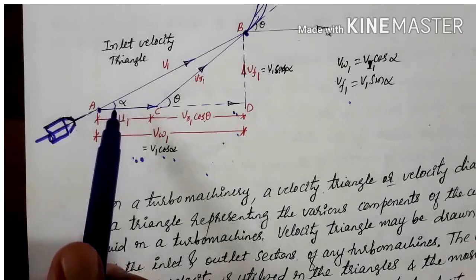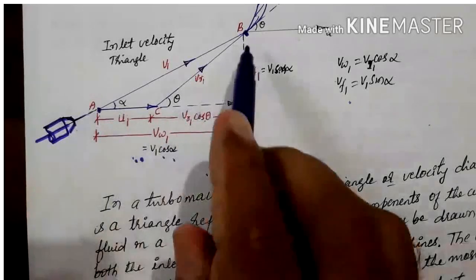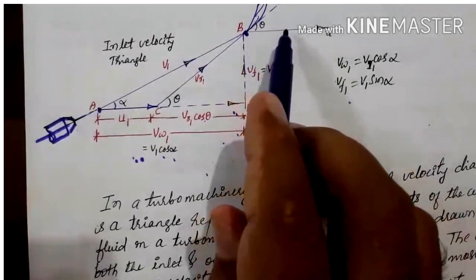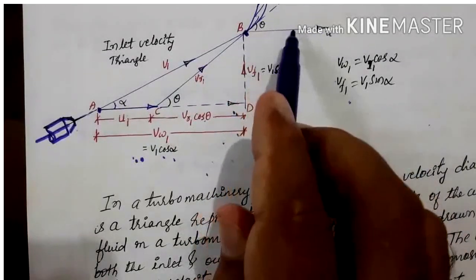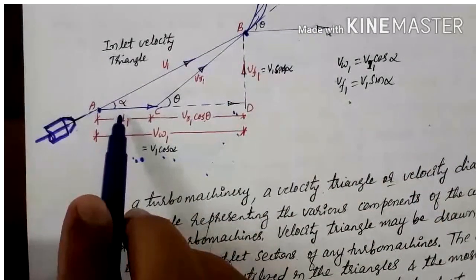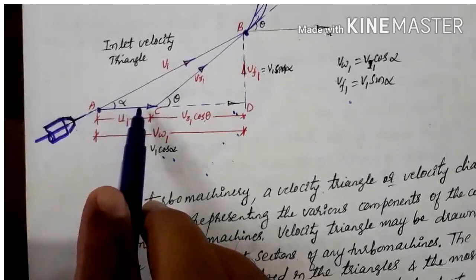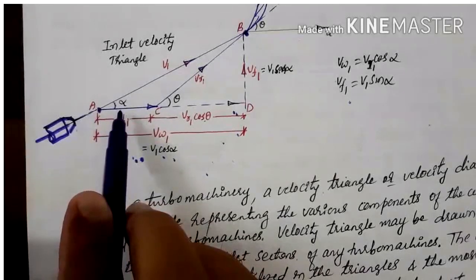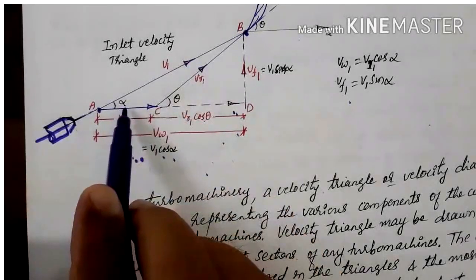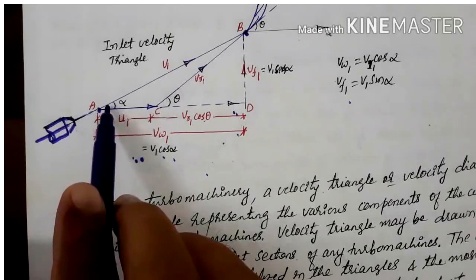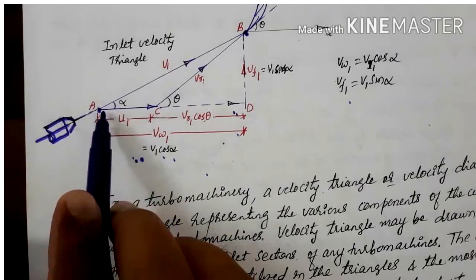Next, draw a line AC. As I said, this vane is moving in this direction, so we have shifted this vector and kept it here, that is, we have joined the tail of the plate vector to the tail of the absolute velocity.